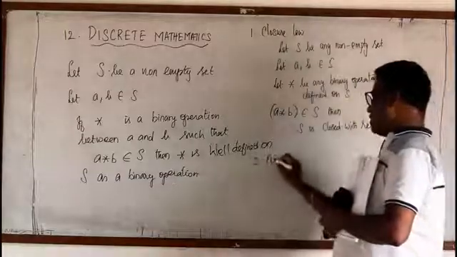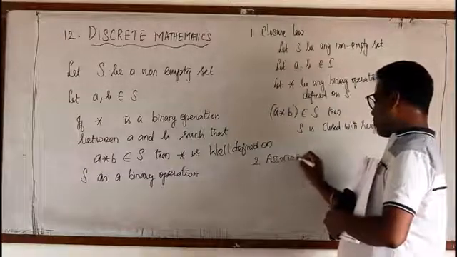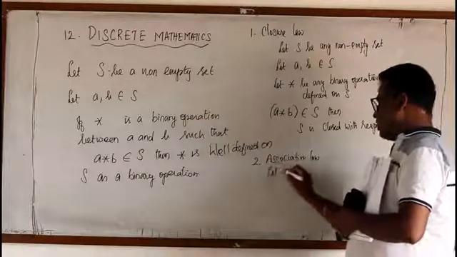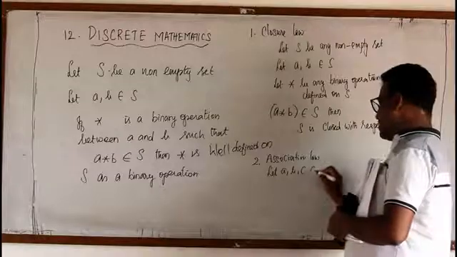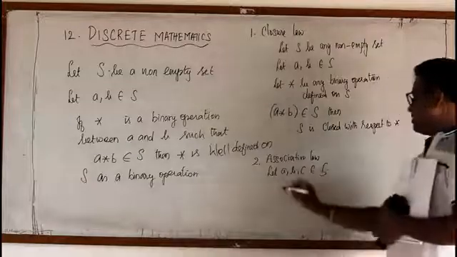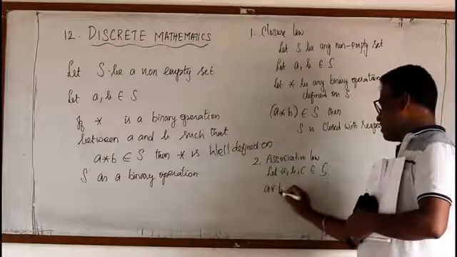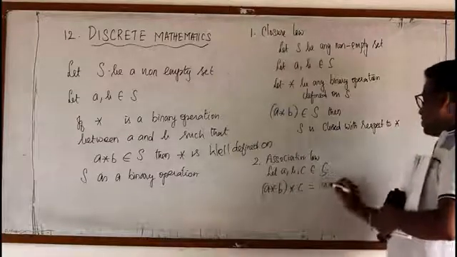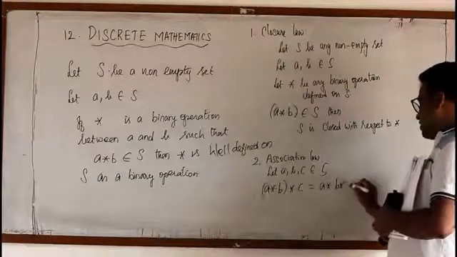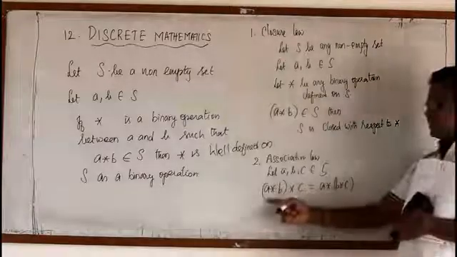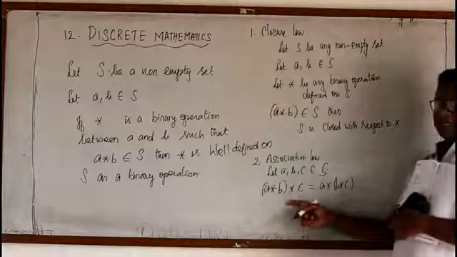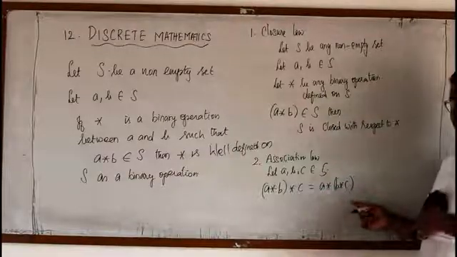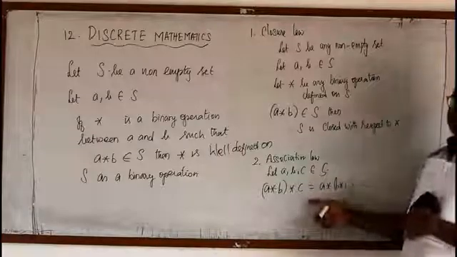Second law, associative law. Here we are going to take three elements. Let A, B, C belong to S. Then (A star B) star C is equal to A star (B star C). That is, if I operate the first two elements and then with the third element, it is equal to the operation between the second element and third element, and finally operated with the first element.